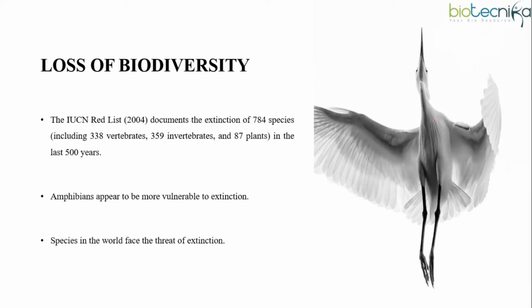According to the IUCN Red List, and this is old data, but even at that time it was reported that many species have gone extinct in the last 500 years. And adding to the grim scenario of extinctions is the fact that more than 15,500 species worldwide are facing the threat of extinction.